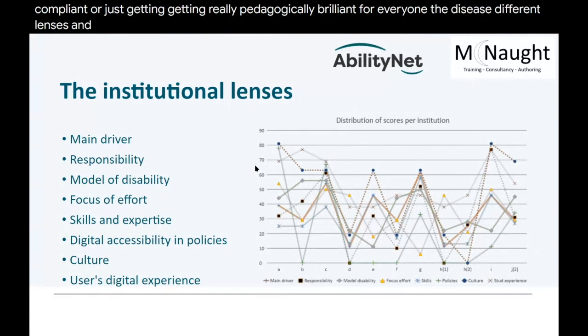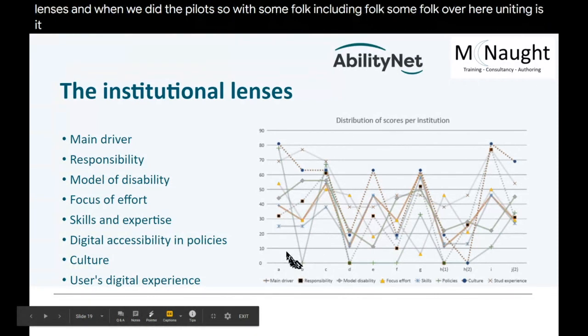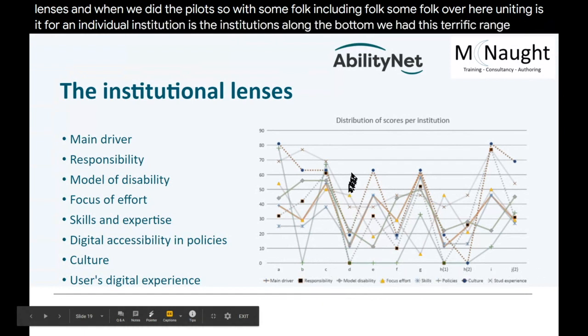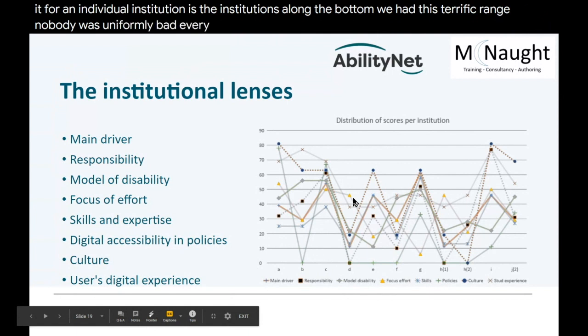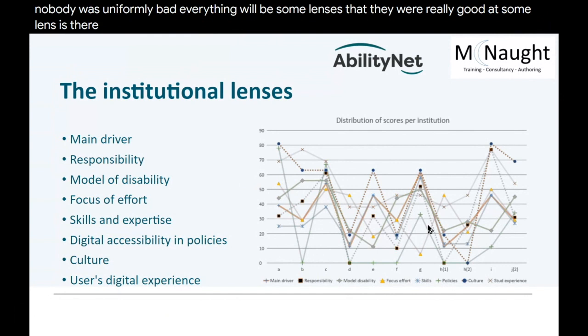And when we did the pilots with some folk, including some folk who are here, what was fascinating is that for an individual institution, along the bottom, we had this terrific range. Nobody was uniformly bad at everything. There would be some lenses that they were really good at, some lenses they were really bad at.